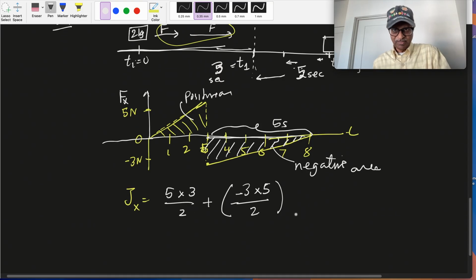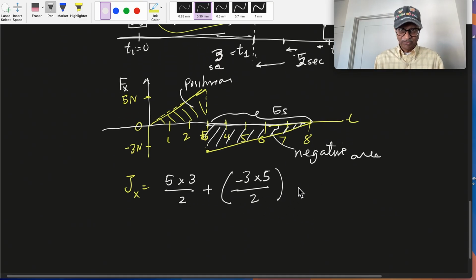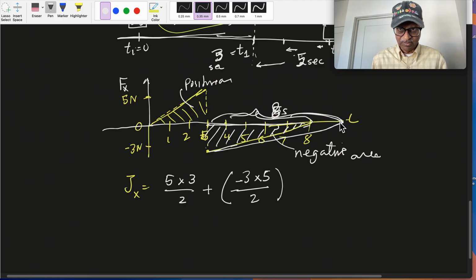Then let's give it more numbers. Let's give it 8 seconds. How about that? So this is 3 plus 8, it went up to 11 seconds. So this is 11. So it's a little bit more complicated example.